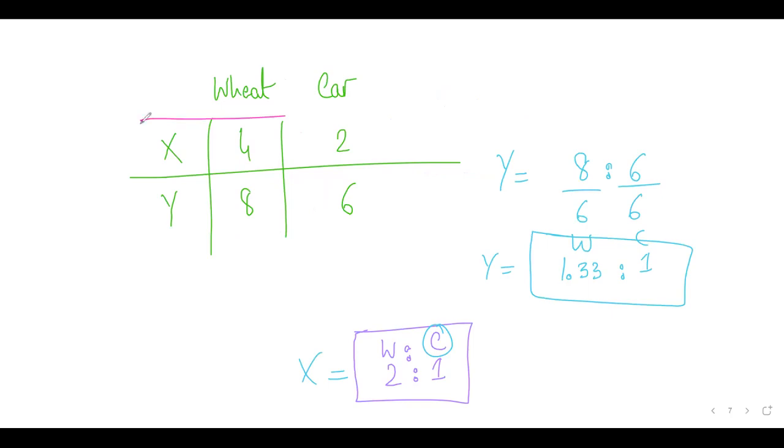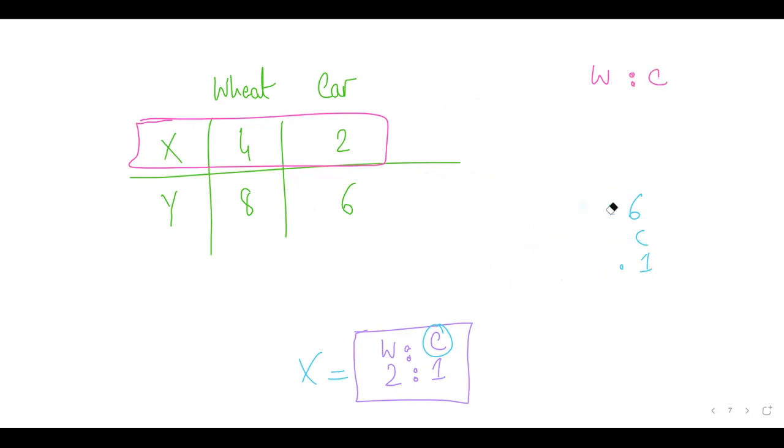For X, it would be wheat and cars, so you have to simplify this ratio. You still need to simplify it the same way and then analyze.